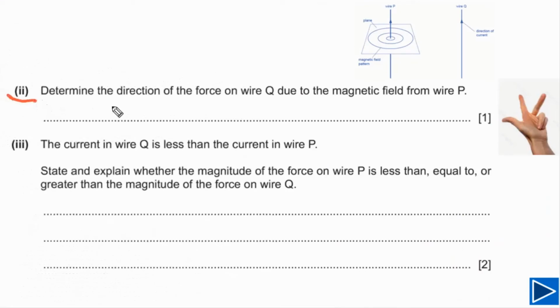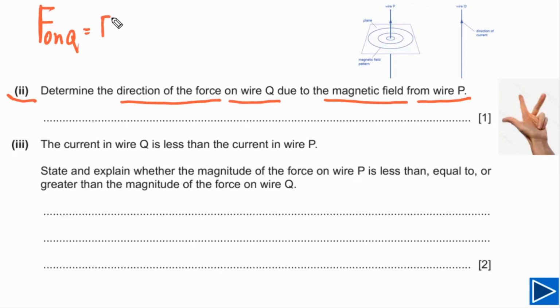For the second part, we need to determine direction of the force on wire Q due to the magnetic field from wire P. So this is our wire Q. If we need to find force on Q, this will be equal to BIL. But this B has to be external magnetic field.